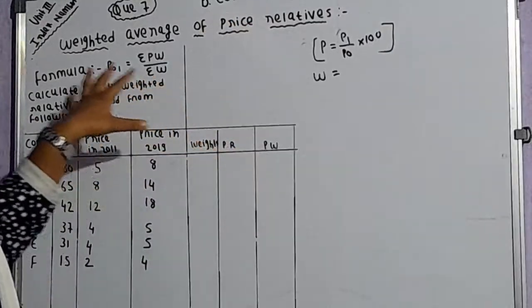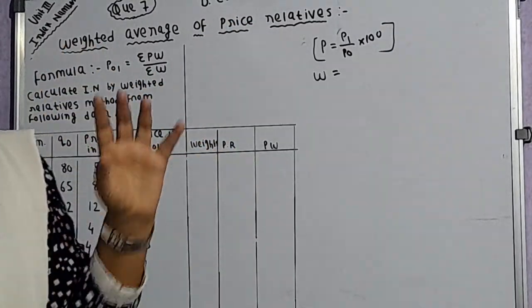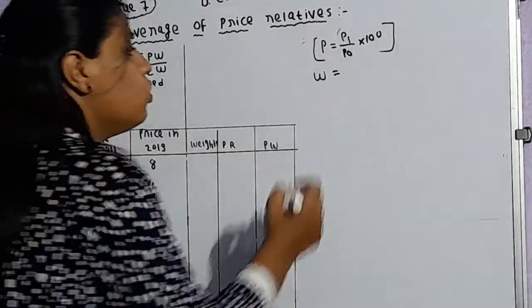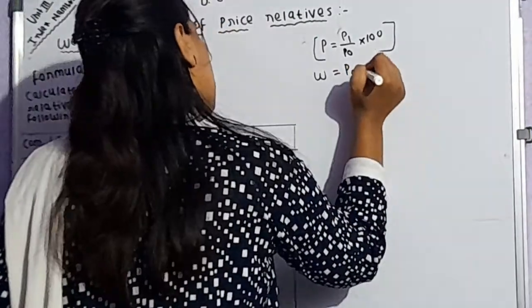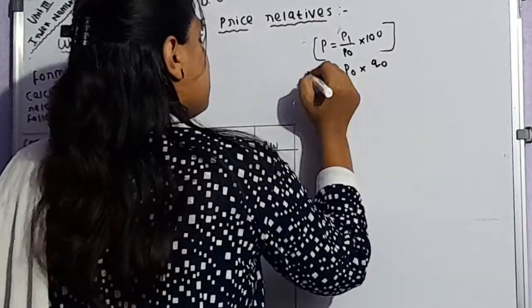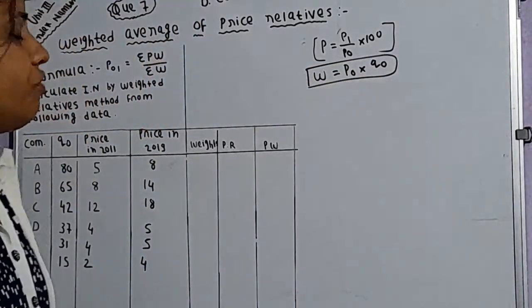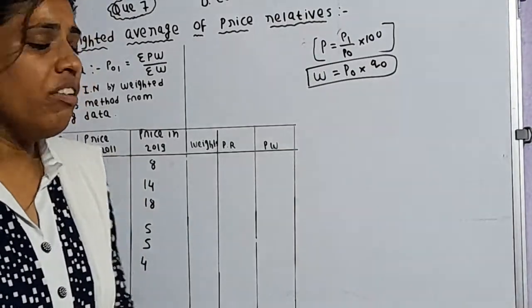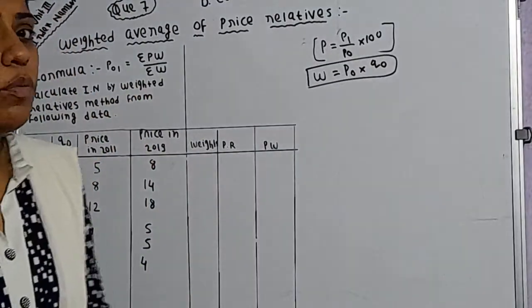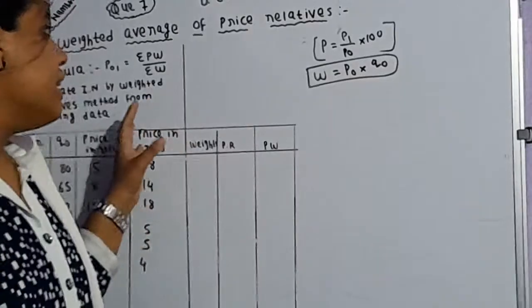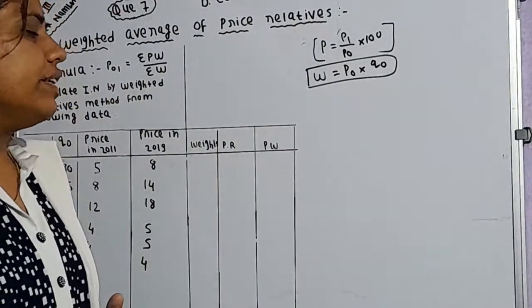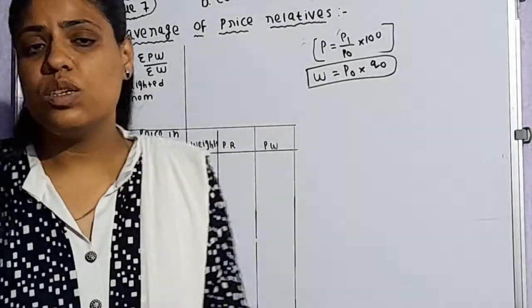Here, generally, for calculating the weight, we have to do P0 into Q0. Means in order to compute the weight, we have to multiply price of base year with the quantity of base year which has been given in the problem. So while dealing with the weighted average of price relative, we calculate weight this way.